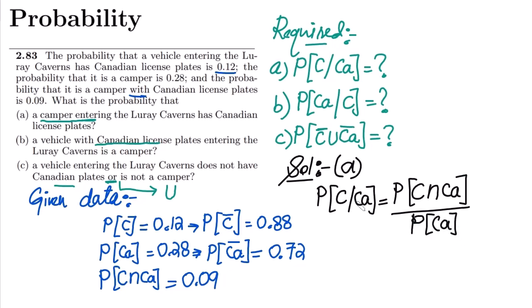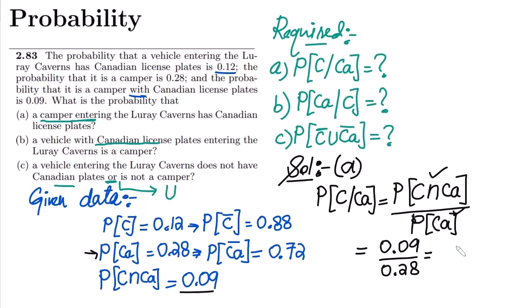Both of these probabilities are given here. Putting these values in, I get 0.09 divided by 0.28.